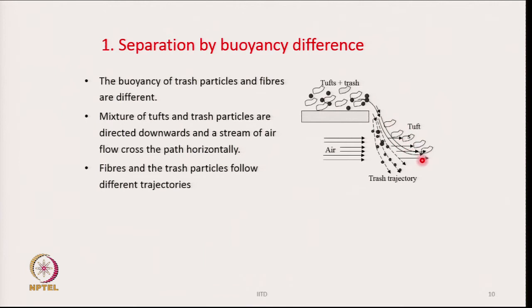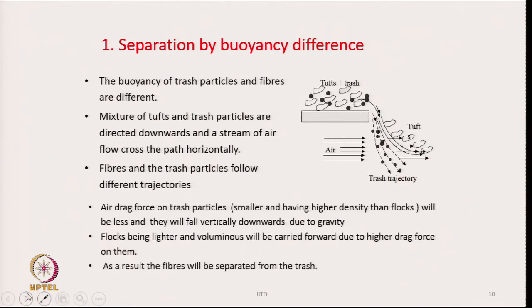So, this is the tuft trajectory. The trajectory of the tuft and the trajectory of the trash particles will be different. Once there is a cross flow of air, because the trajectories are different, their destinations will be different now.